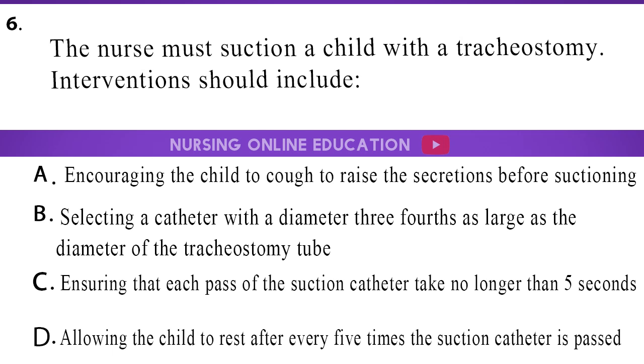D. Allowing the child to rest after every 5 times the suction catheter is passed. The answer is option C, ensuring that each pass of the suction catheter takes no longer than 5 seconds.